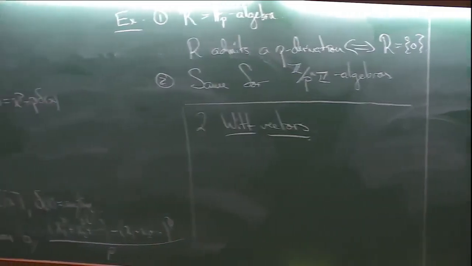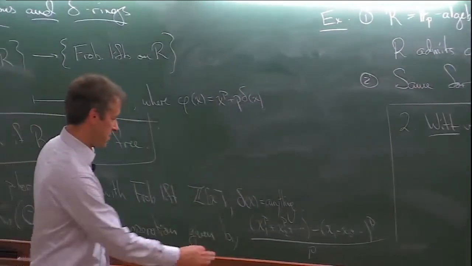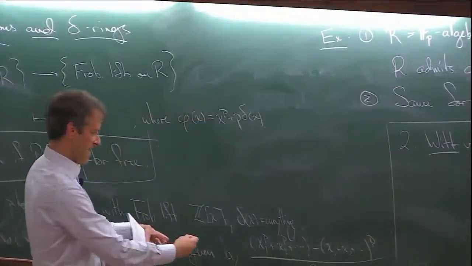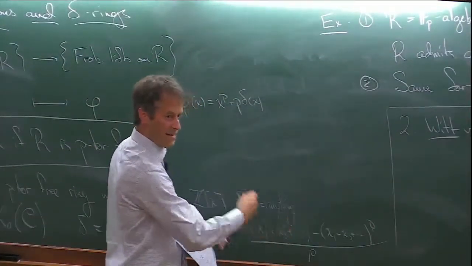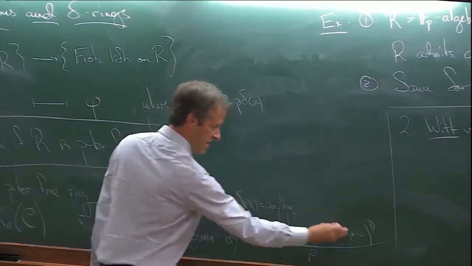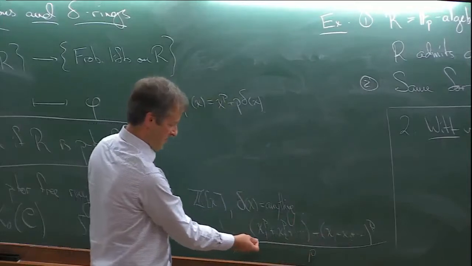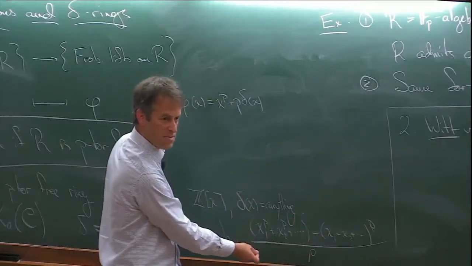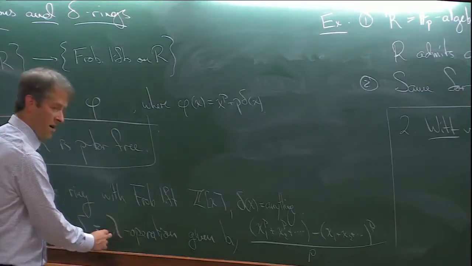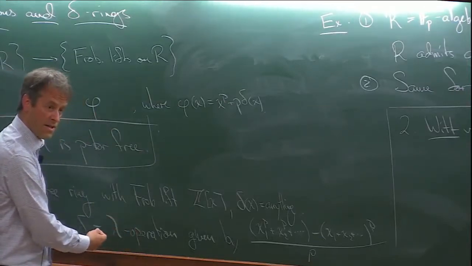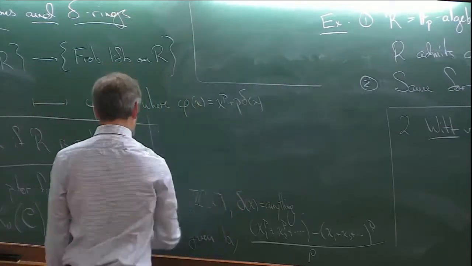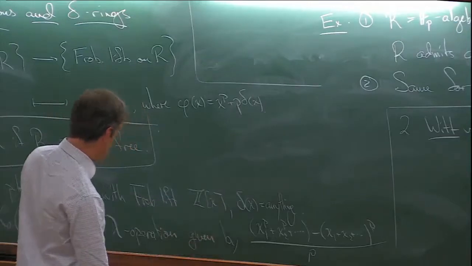Somehow, maybe I should say generalized lambda operations. So the usual exterior powers are given by the elementary symmetric functions. So lambda 1 is just x1 plus x2 plus x3 and so on, lambda 2 is given by the second elementary symmetric function. This is a different symmetric function. By the theorem of symmetric functions, it can of course be expressed as a polynomial in the elementary ones, and this will be that same polynomial of the exterior powers. So in fact, let's see, we could do it quickly. When p equals 2, you might even be able to do this in your head.